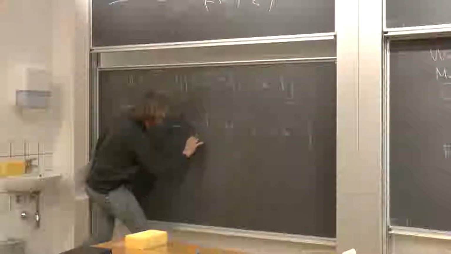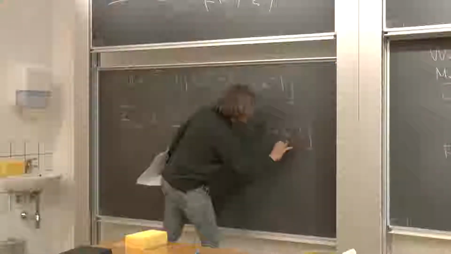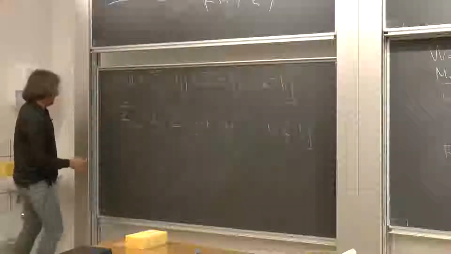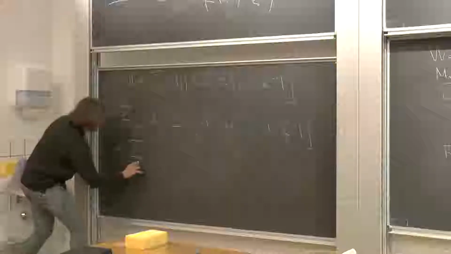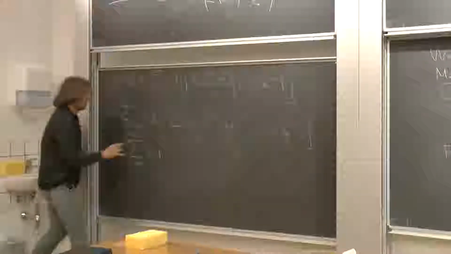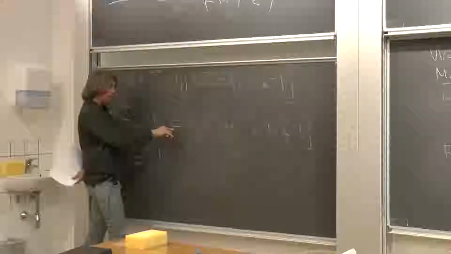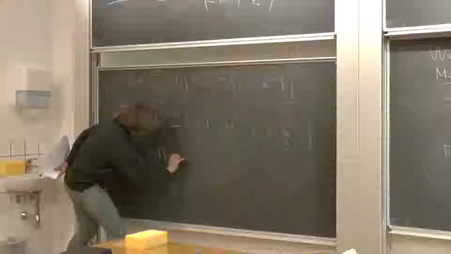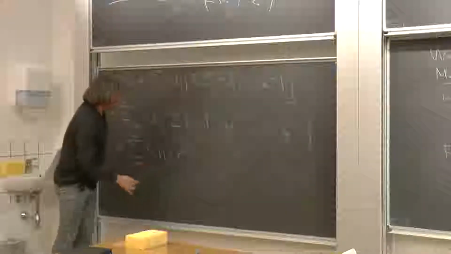This is less or equal than R. This is less or equal than R. And this, of course, is less or equal than R. So then this whole thing is less or equal than, putting these together, R to the n minus 1, and the number of summands is n. So n R to the n minus 1.